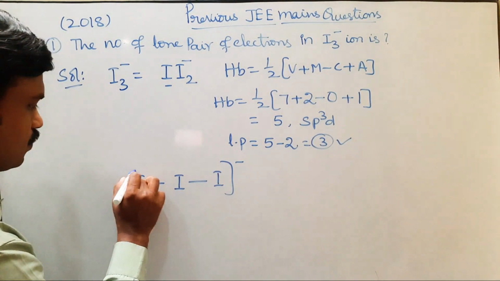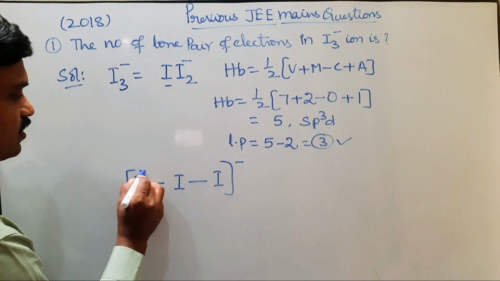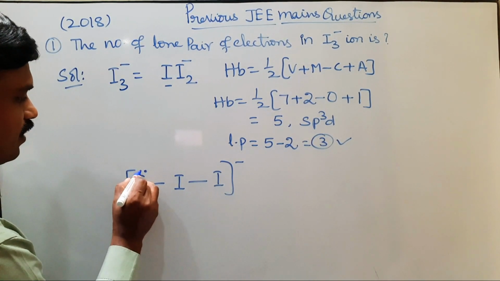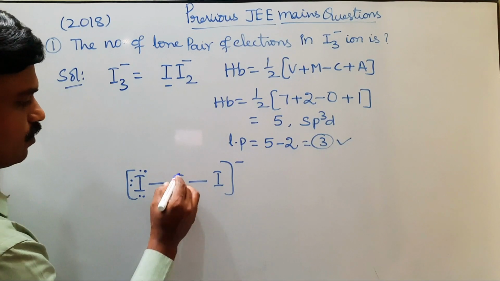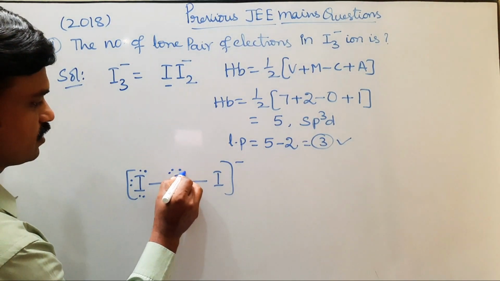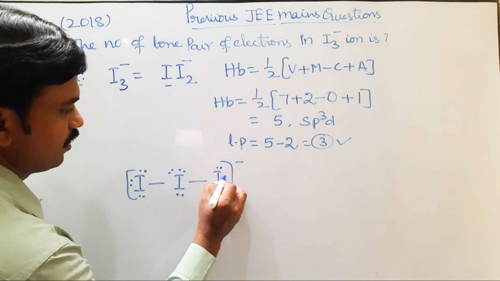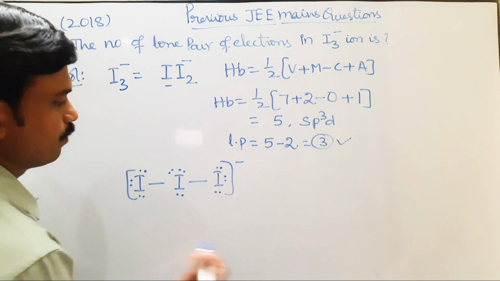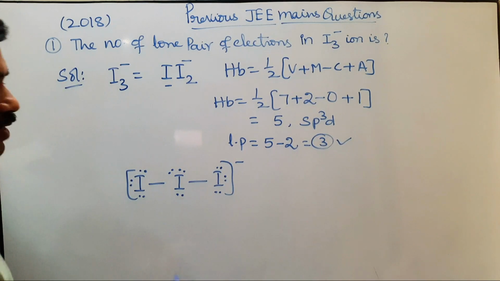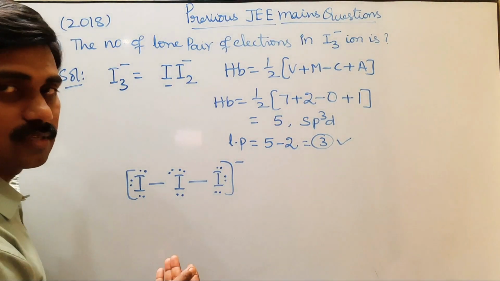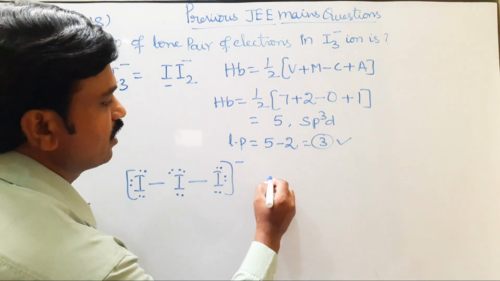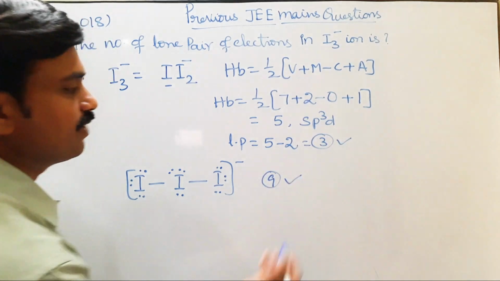It has a negative charge and each iodine has 3 lone pairs of electrons: the first iodine, the central iodine, and the third iodine. That's why this ion has a total of 9 lone pairs of electrons.